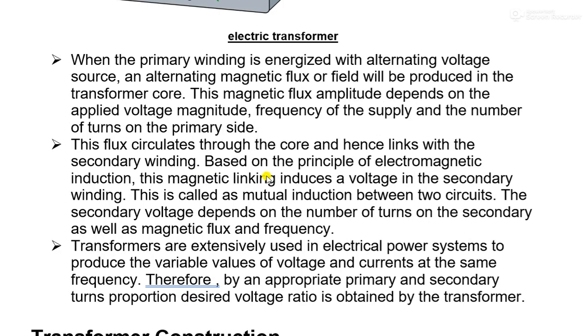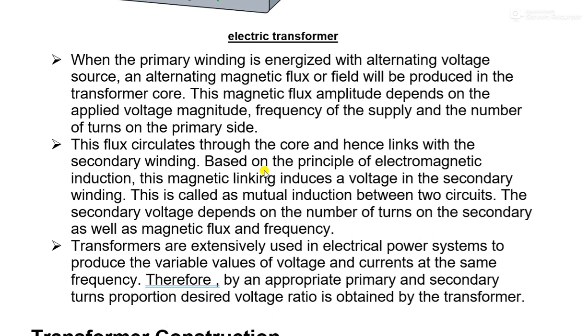When the primary winding is energized, meaning it is connected to a supply with an alternating voltage source, an alternating magnetic flux or field will be produced in the transformer core. Yes, it is absolutely true. Whenever an AC input voltage is applied to the coil, there will be a magnetic flux around the coil.